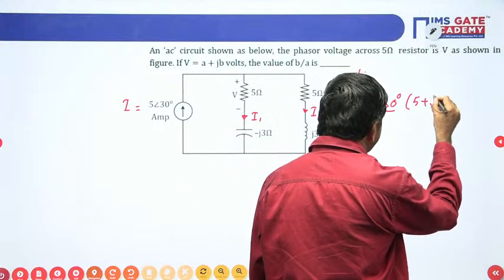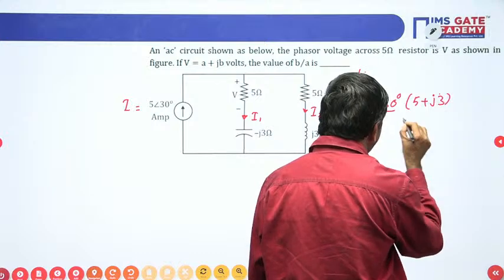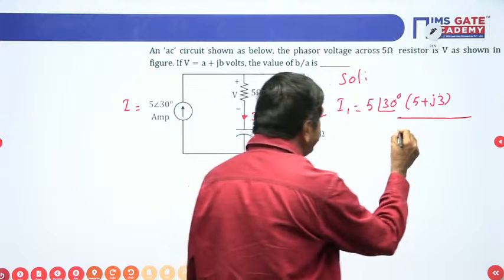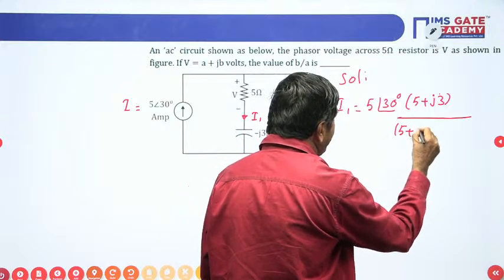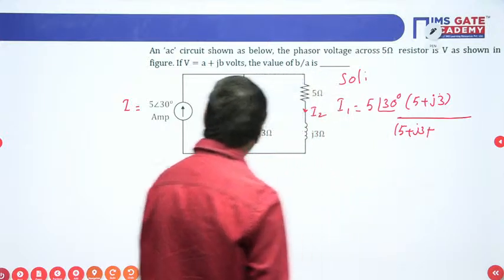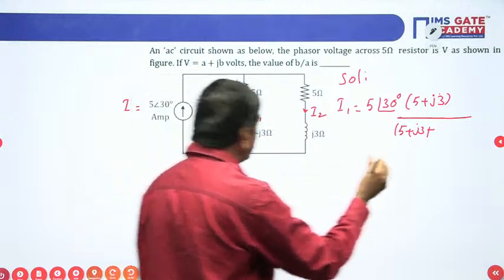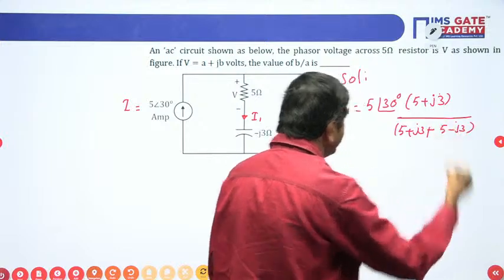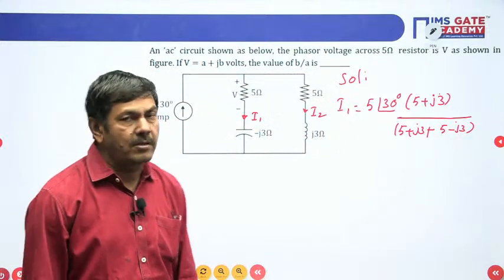Divided by the total impedance, 5 plus J3 plus 5 minus J3. I can write the 5 minus J3 here. Such a way I got it.